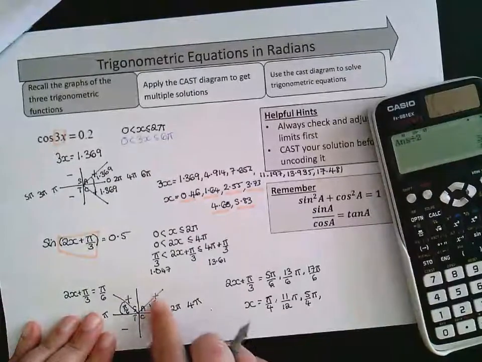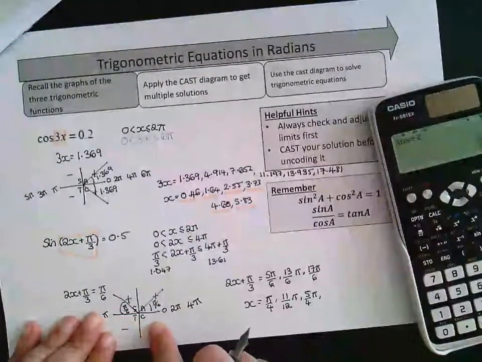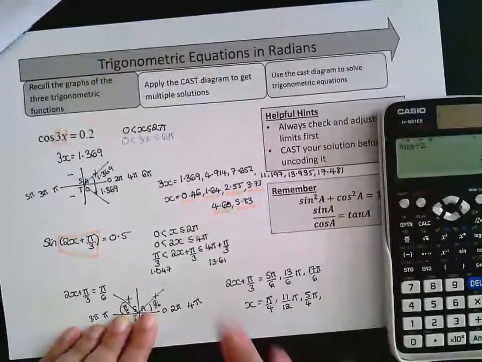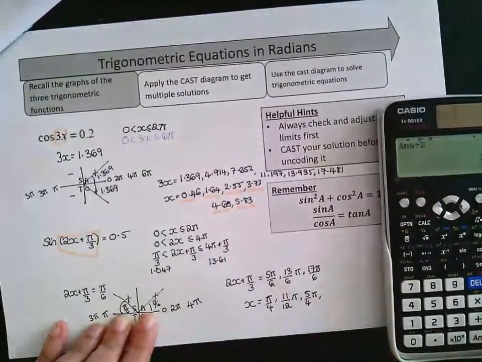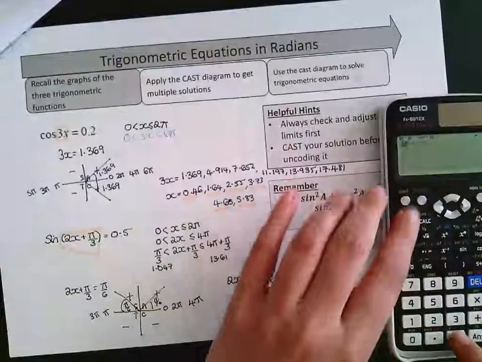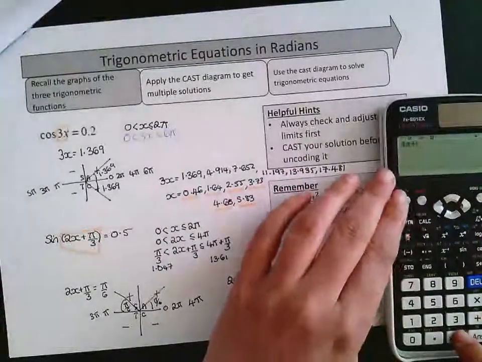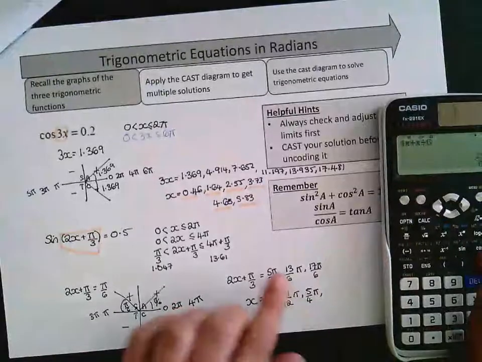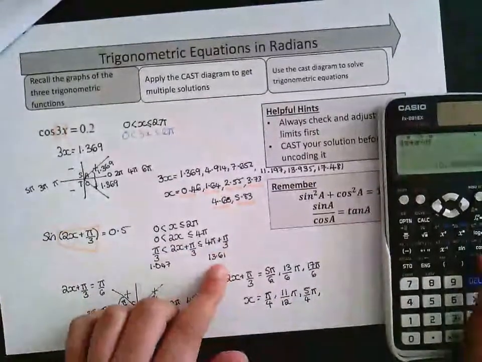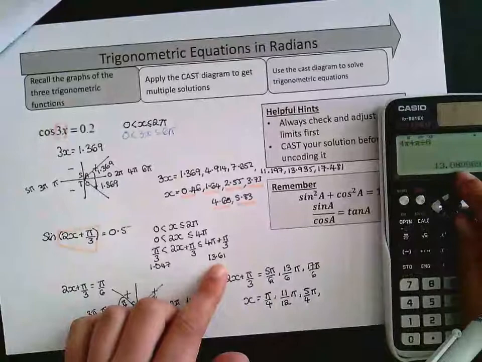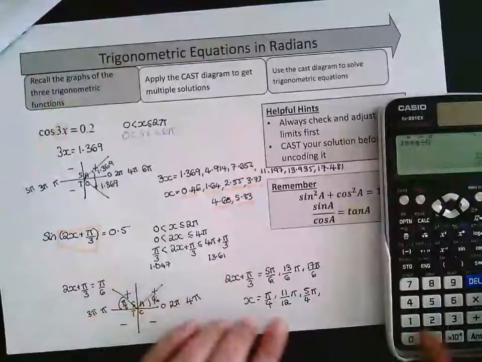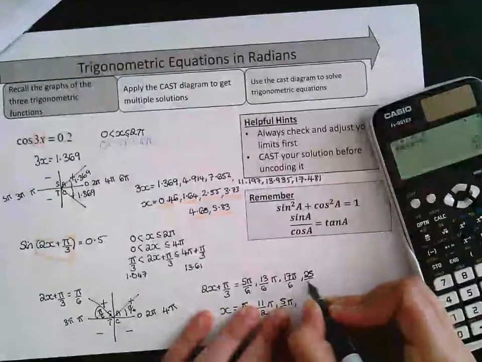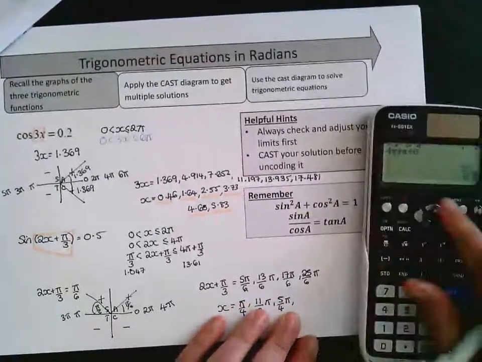So, been round once, I've got this one, now I'm at 4 pi plus. Now, because I'm 4 pi plus, I will be checking this. 4 pi plus pi over 6, 25 pi over 6, let's just make sure it's in the limits. Yes, it is. It's less than 13.61, so we can have that. So I will add that on. Don't forget to uncode.